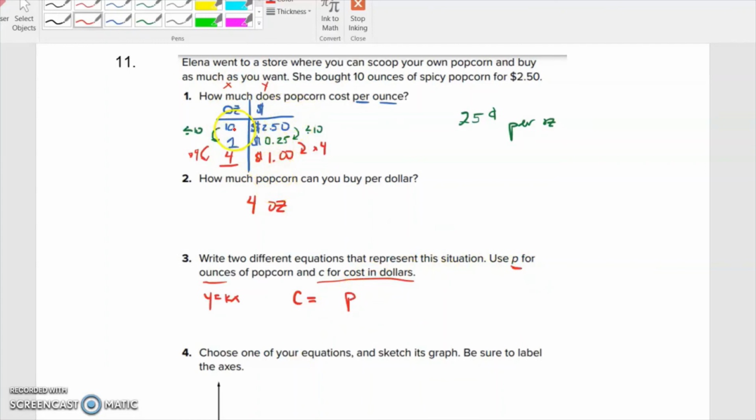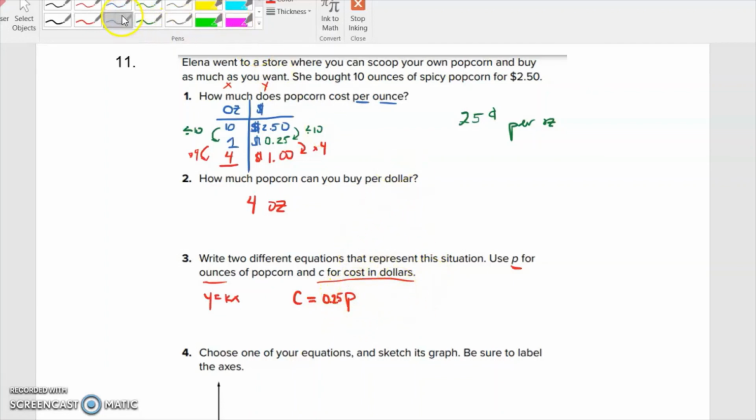So how did I get from 1 to 25 cents? Well, I'm just multiplying by 0.25, so 0.25P. In other words, it costs 25 cents per ounce of popcorn.